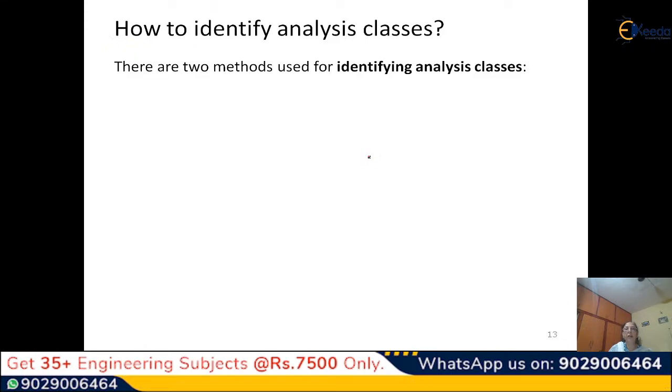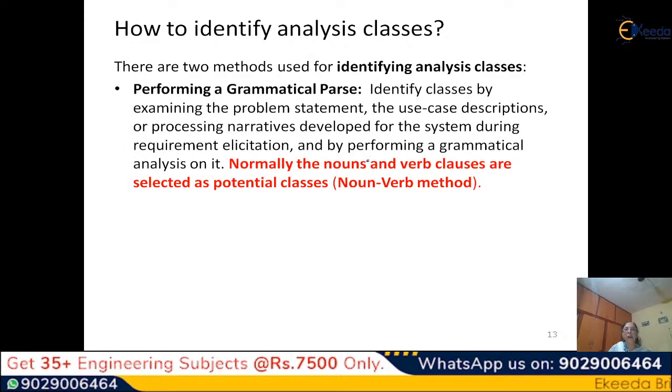So how to identify the analysis classes? There are basically two approaches. The first approach is called the grammatical parse. This is a very old method. We take the problem statement or the use case descriptions or any narrative that we have regarding the functionality or the processing of the system, how the function is working.